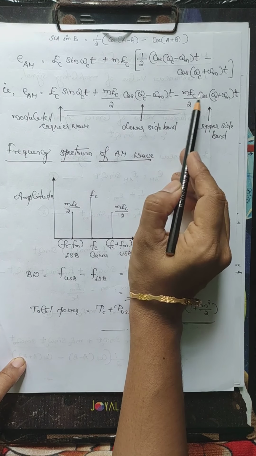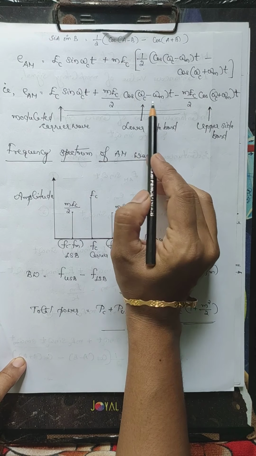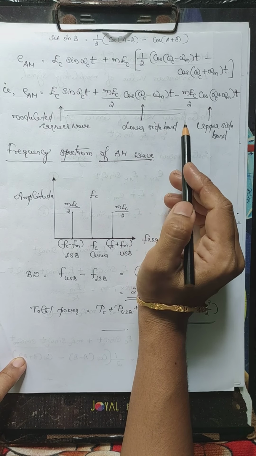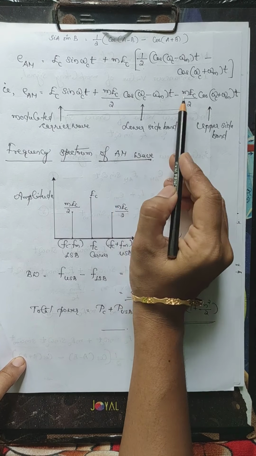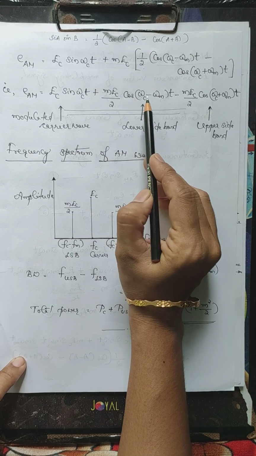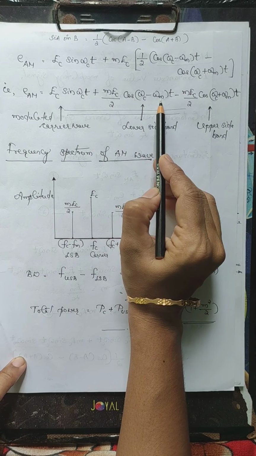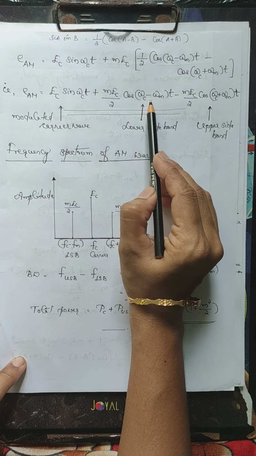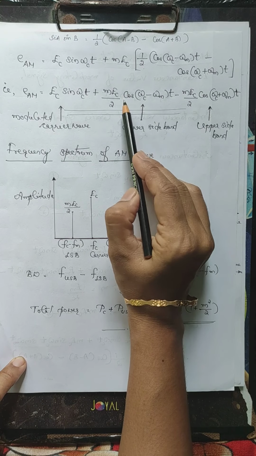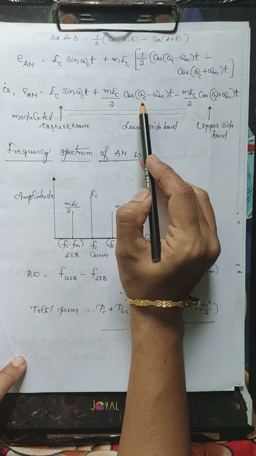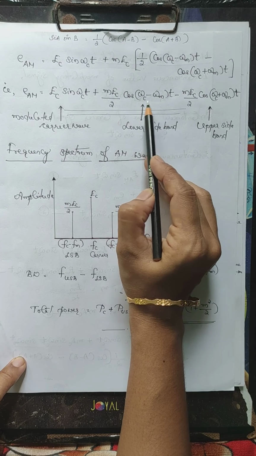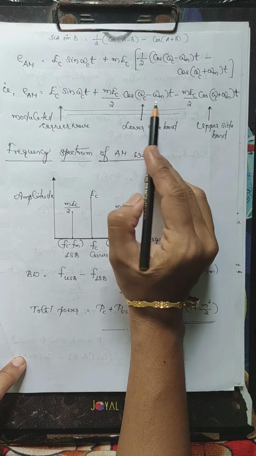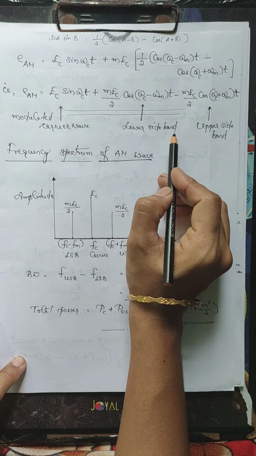There are 2 more signals which are 2 pure sinusoidal signals. One has a frequency which is less than the carrier frequency, omega c minus omega m. This signal is known as the lower sideband.